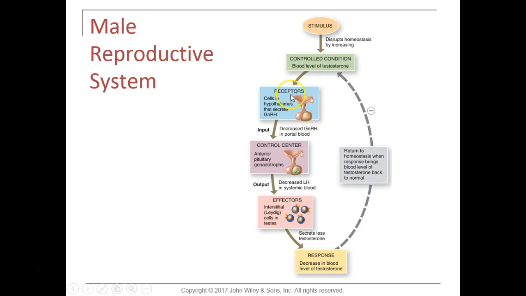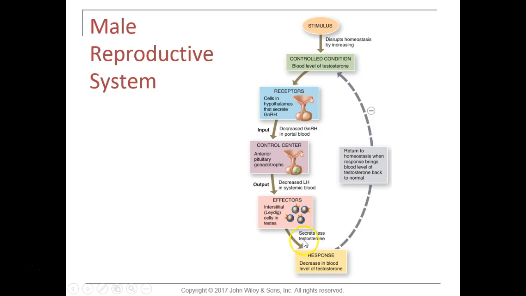So high levels of testosterone cause a decrease in gonadotropin releasing hormone, and if we have a decrease in gonadotropin releasing hormone, it decreases the production of luteinizing hormone by the gonadotrophs in the anterior pituitary gland, which causes them to decrease their testosterone production.